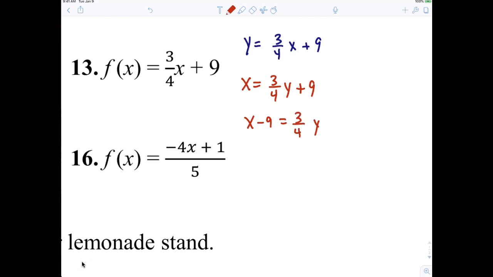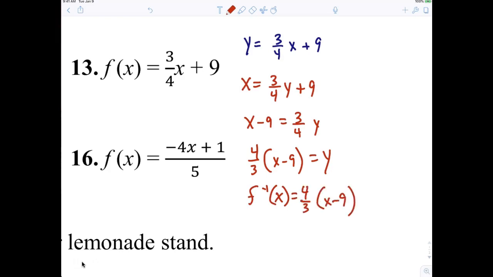And so now 4/3 times (x minus 9) equals y. Remember, multiply by the reciprocal to undo a fraction. And then f inverse. Everybody good with that?